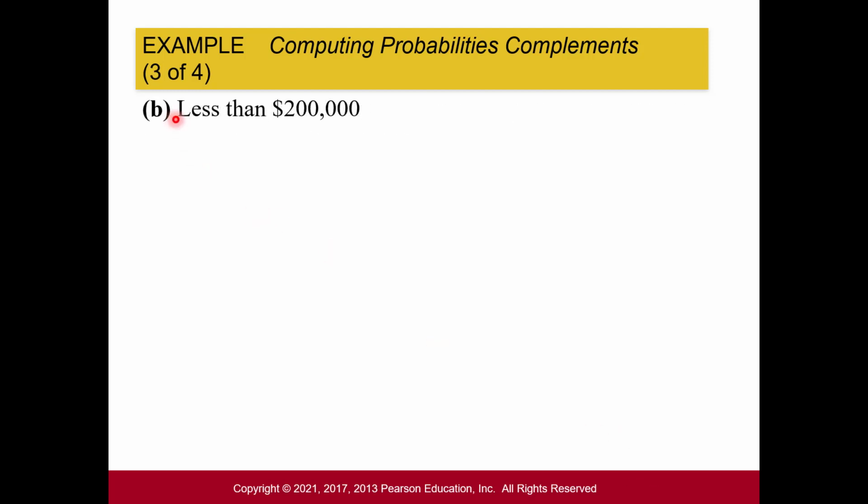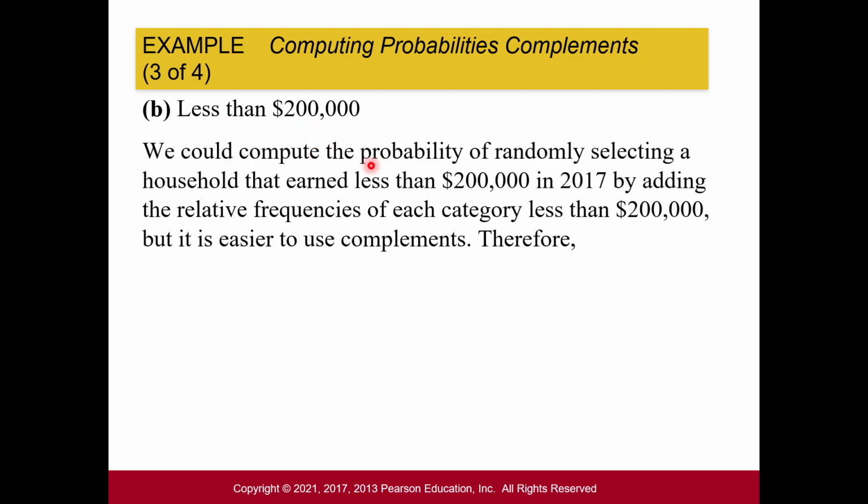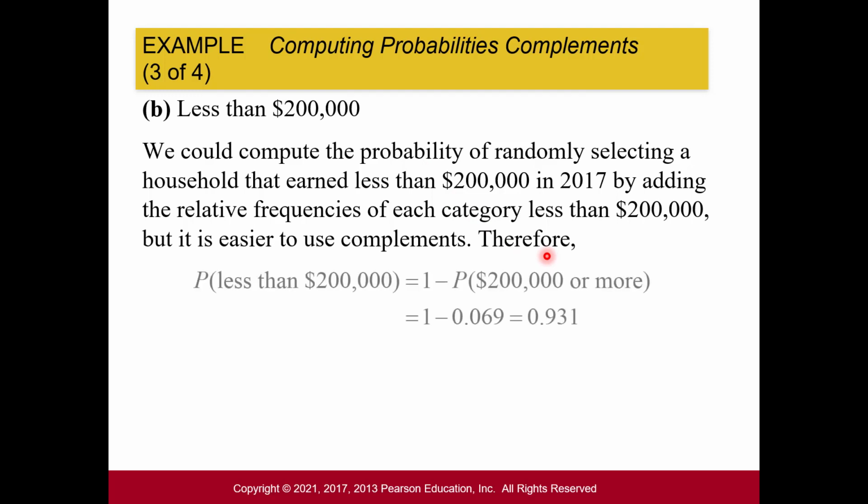Now let's calculate the probability of less than 200,000. We could do this by adding the relative frequencies of each of the categories less than 200,000, but there were quite a few categories, so there's actually a way easier way to do it, which is to use the complement. Since only one of the cells was dealing with $200,000 or more, we can just take the complement of what we just did.